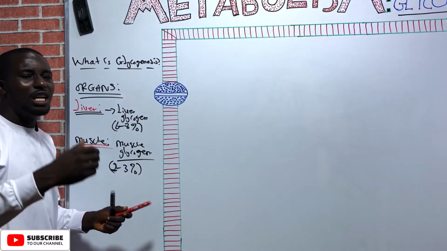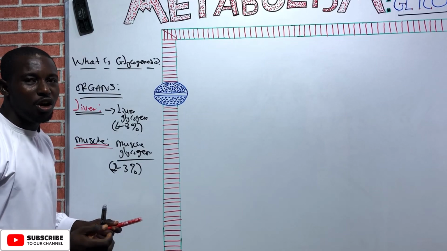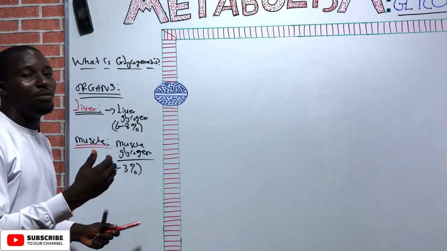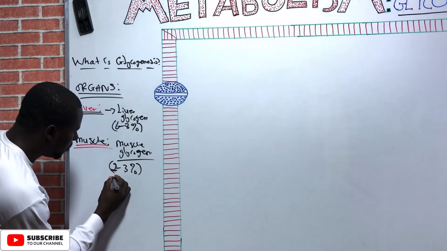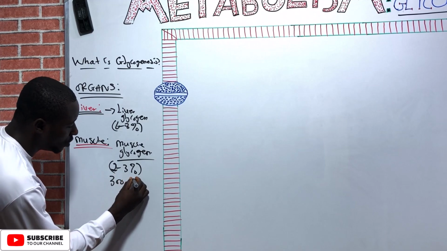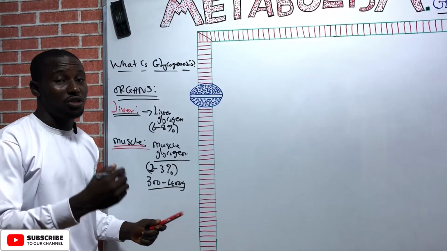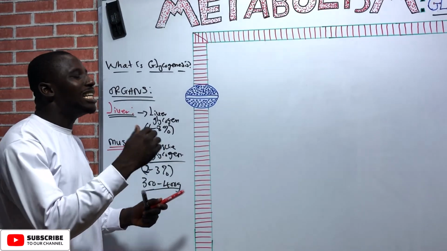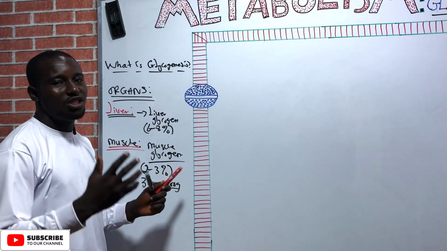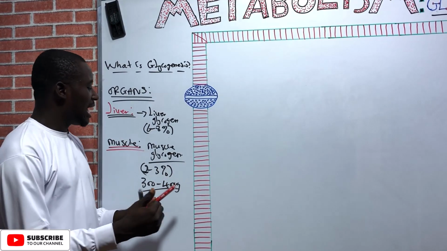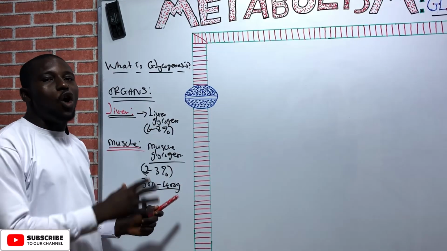Automatically, the quantity of glycogen that is stored in the muscle ranges from 300 to 400 grams. This is because of higher muscular mass, because the liver is just one organ situated in one place in the body, whereas the muscle is scattered all over the body.